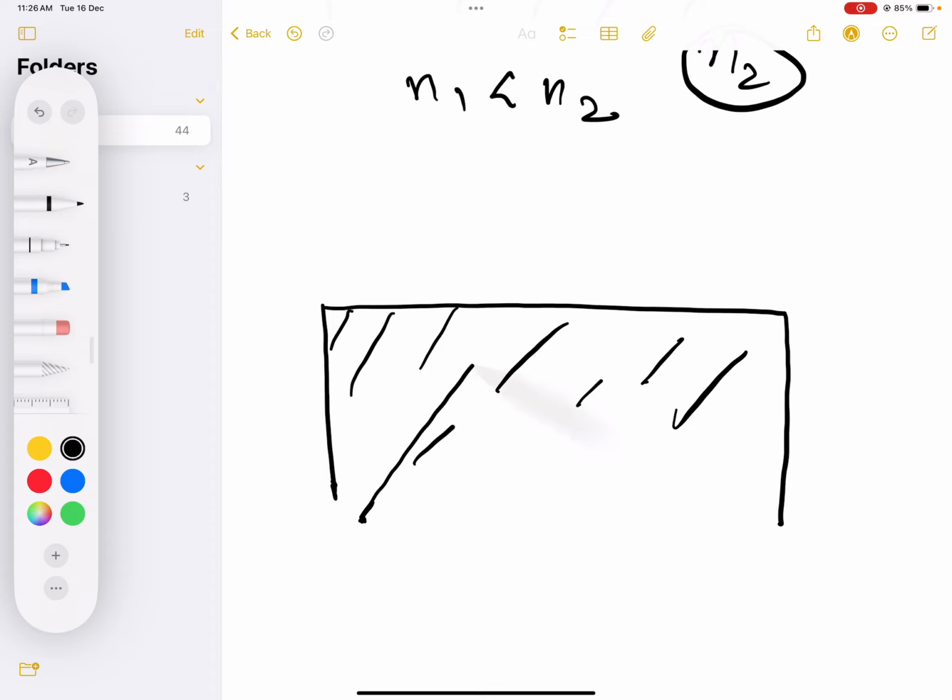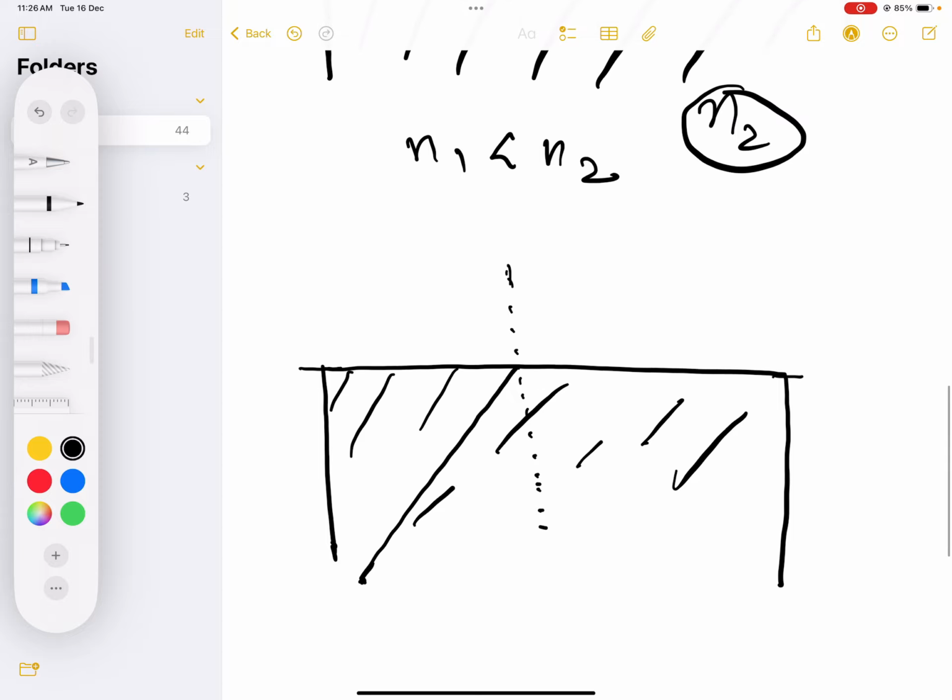A ray of light would be incident on the surface where the rarer medium and denser medium are separated, and it would try to escape from the surface, which is known as the refraction part.